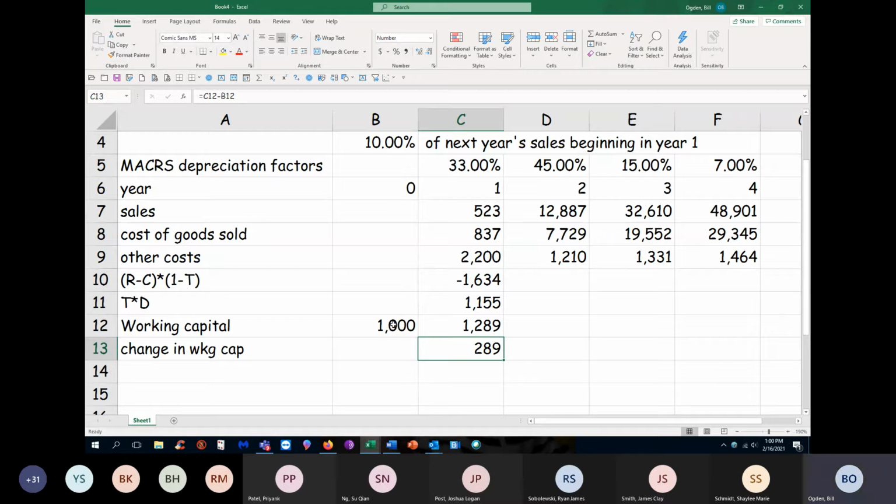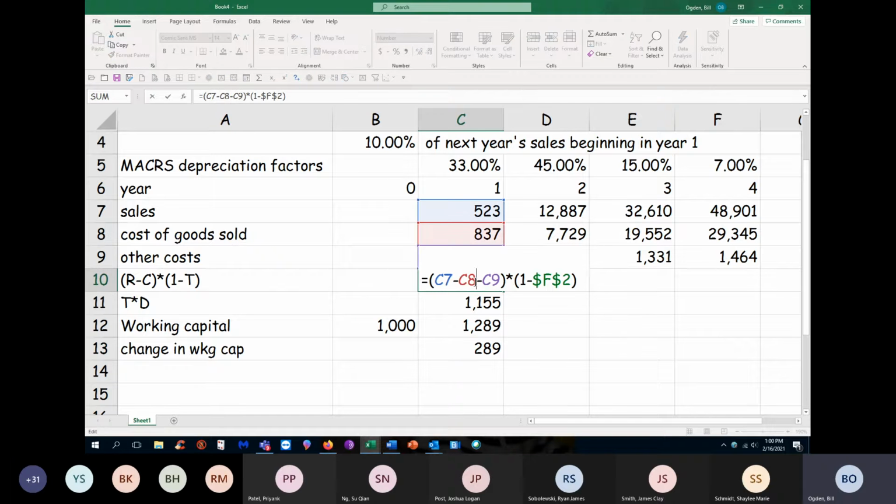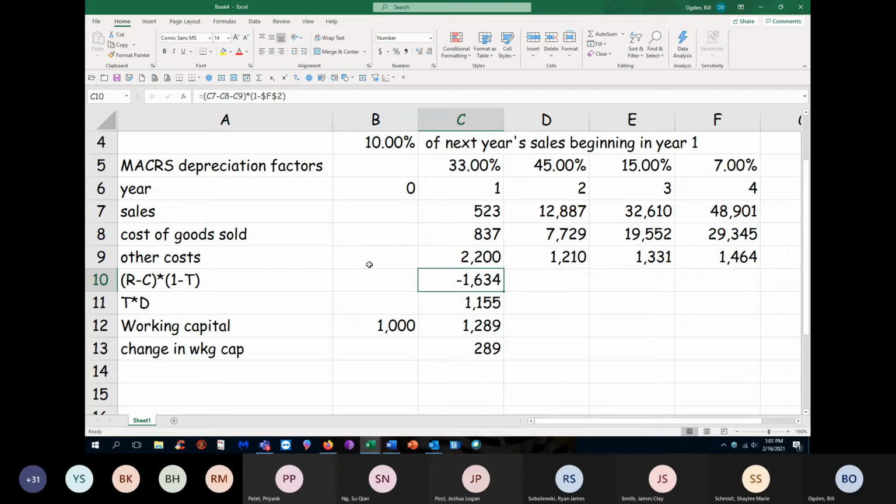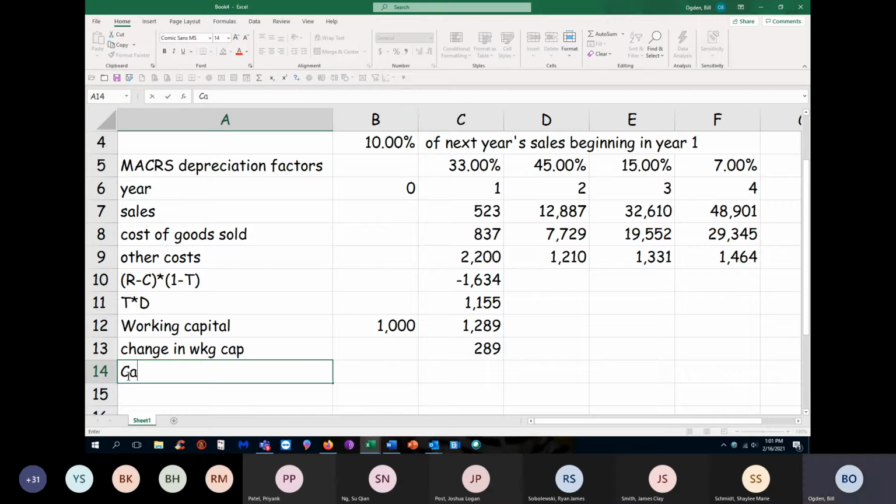And I have a mistake here. I can see it from here. Oh, I don't though. Okay, all right, maybe we're all right. Let's try it. Okay, so let's do our cash flow. Let's do our operating cash flow first.